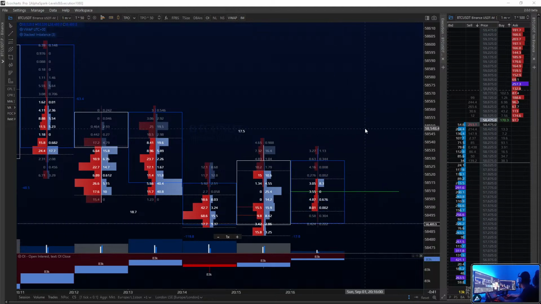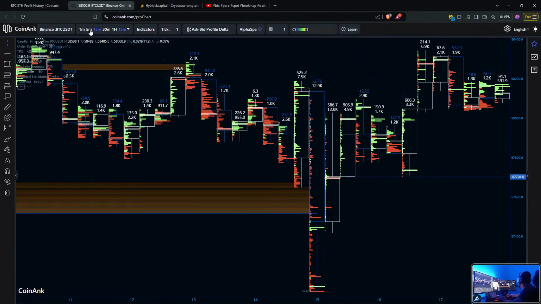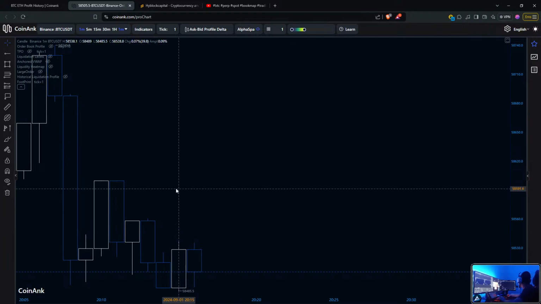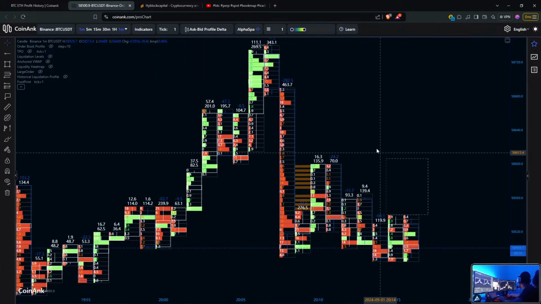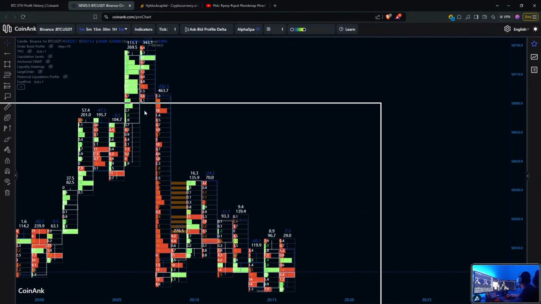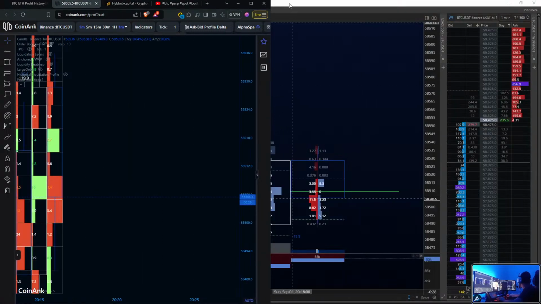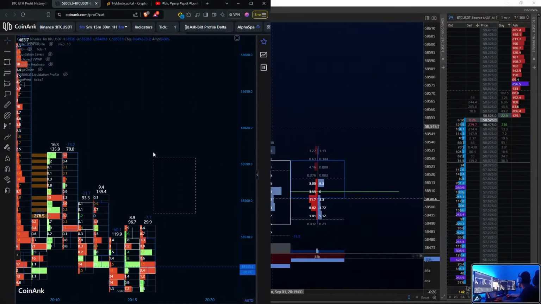Exo is extremely fast, but even if I put this on the 1 minute and come here to these candles, let me actually put them side by side. You will see the refresh rate of both of them. Let's hope they move a little bit more right now so that you guys can see.